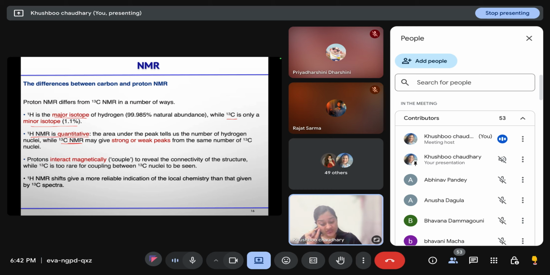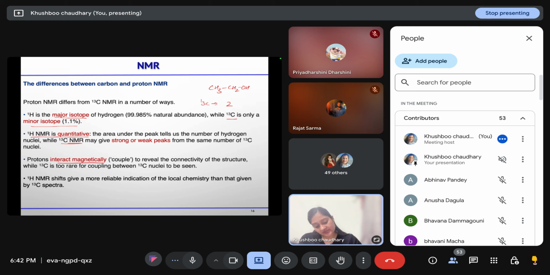Then protons interact or couple with each other. Take CH3CH2OH. In this case, in carbon 13 two peaks will be there, and those two different peaks correspond to the different carbon atoms.